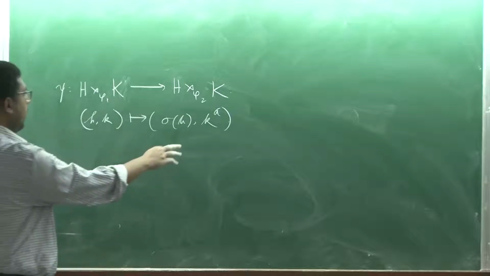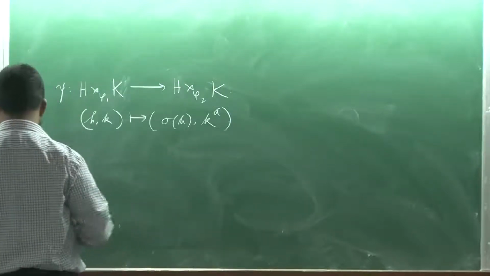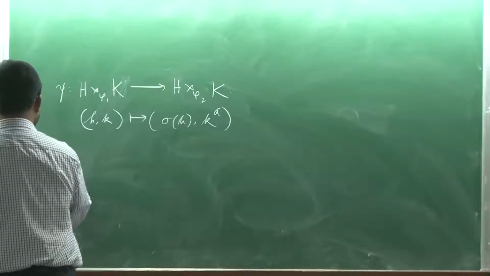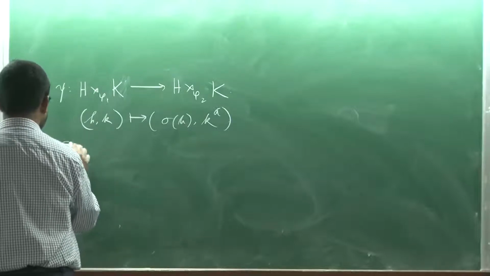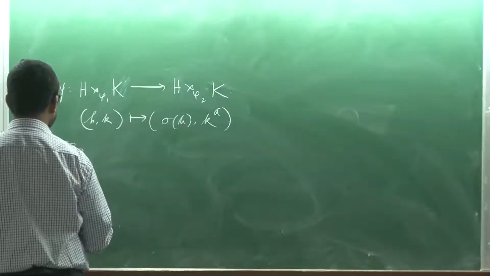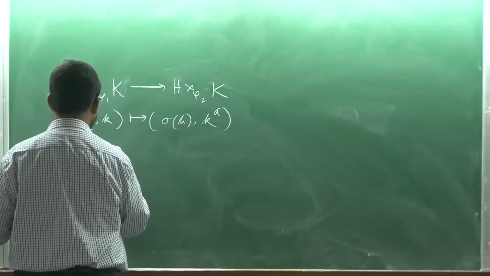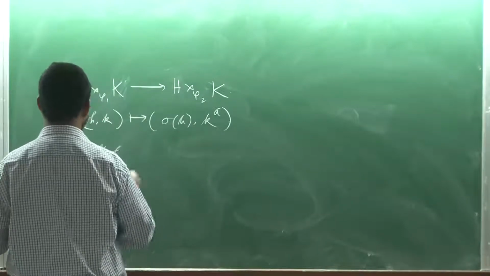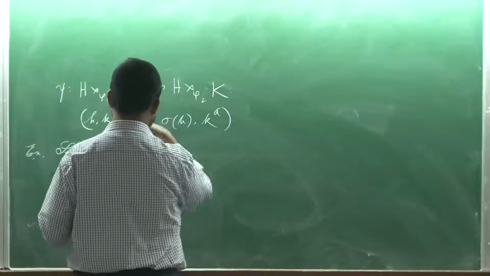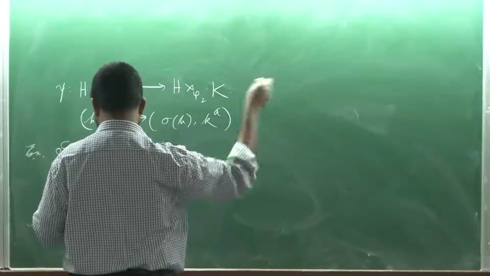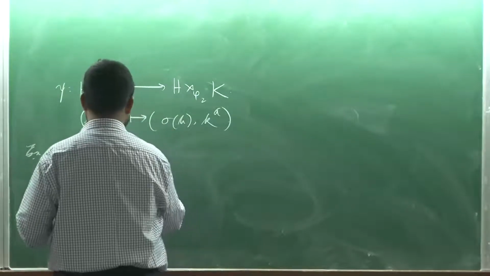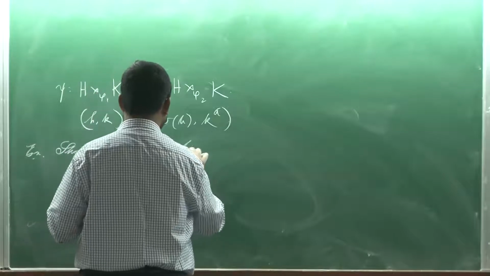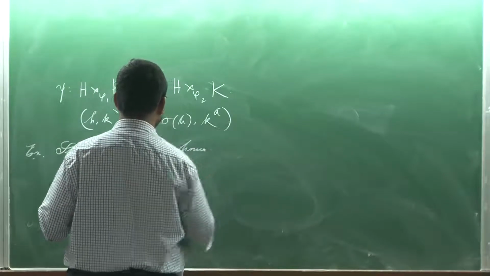Well, so showing this is a homomorphism, I am leaving it to you. A routine verification, show that this is a homomorphism. That is actually quite clear in view of this. This is a homomorphism. Okay.